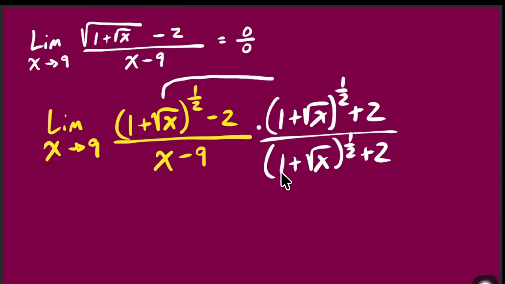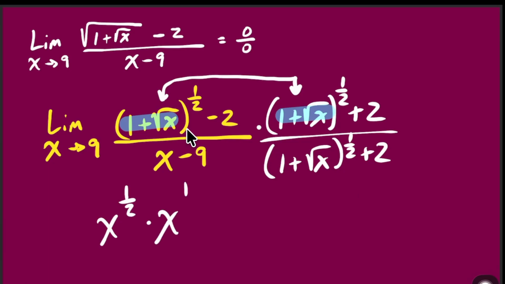And when we do that, we're going to multiply these first two terms. And when you multiply two entities and the base is the same, okay, so this base is the same as this base. This is no different than multiplying x to the 1/2 times x to the 1/2. The rule is you keep the base and you add the exponents.